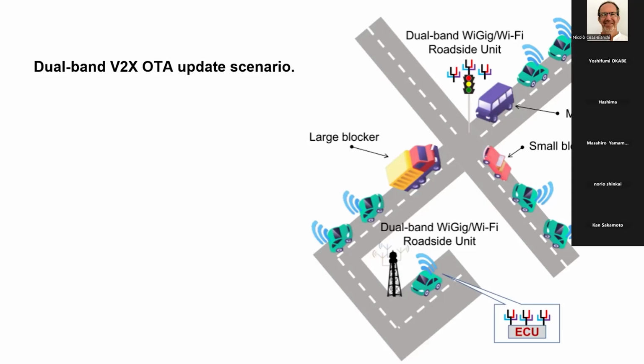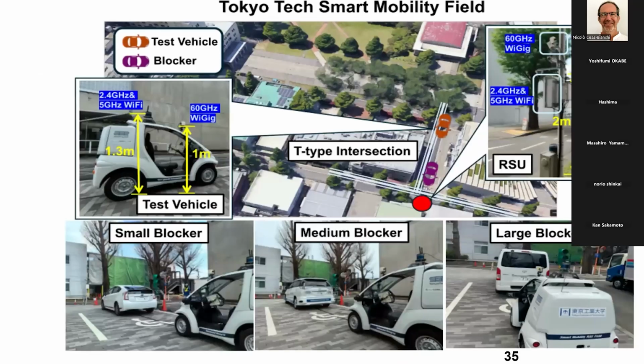We have to use dual band, because if one band is blocked, we can use the other band. So in the Tokyo Tech Smart Mobility Field, we use this test car. We mounted millimeter wave antennas and Wi-Fi 2.4 and 5 gigahertz antennas, and we made our measurements for a small blocker, this car is a blocker, and for a medium blocker and a large blocker.